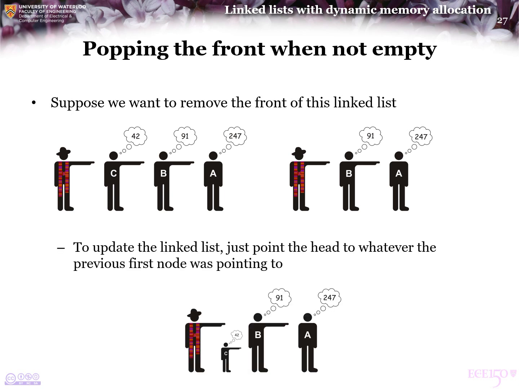So essentially, to update the linked list, we just have to update the list head to store whatever the first node was originally pointing to. So essentially, we have to update list head here to store what Casey was storing as a next node, and Casey was storing Bailey. So we update list head now to store Bailey.